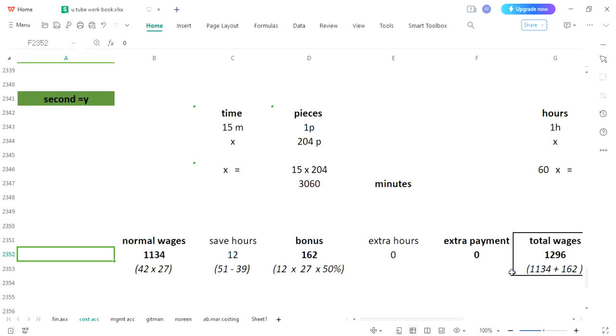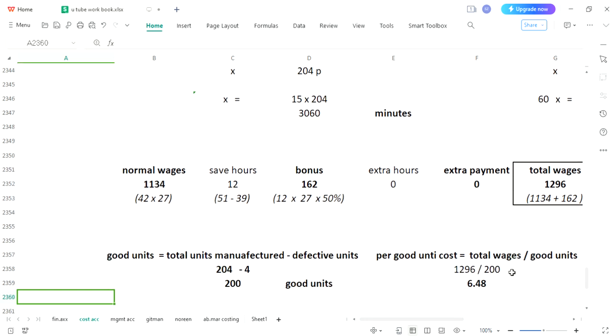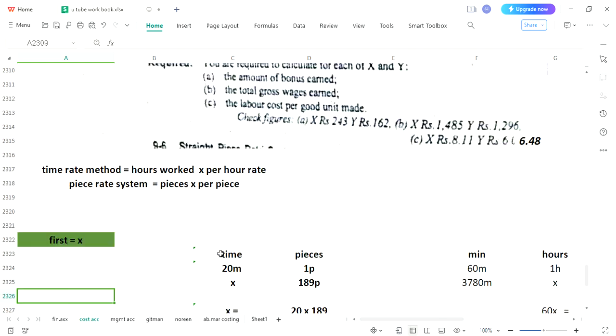Now there was an interesting thing to calculate, the per good unit rate. The formula was total wages, which we have calculated over here, 1296, divided by good units, and good units we have calculated by subtracting spoiled or defective goods from total units, 200, and it was put over here. All answers were matched as well, 243 and 162.